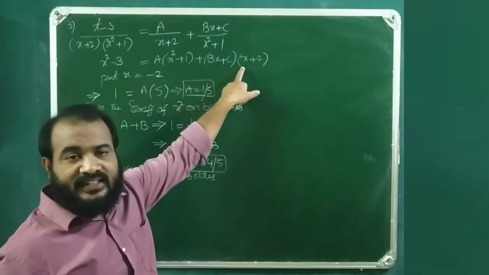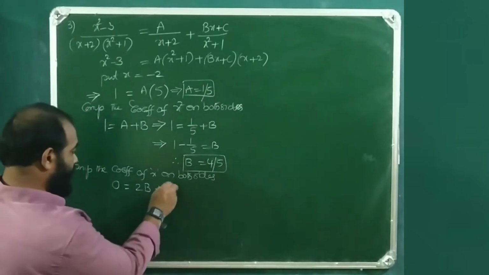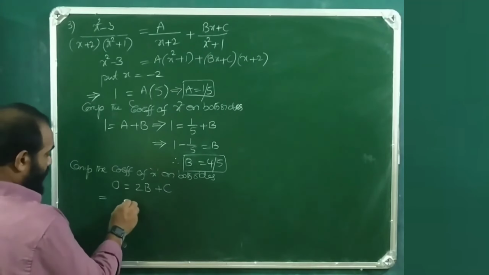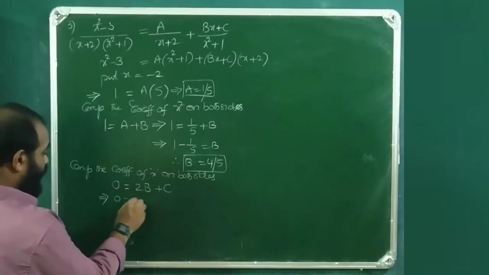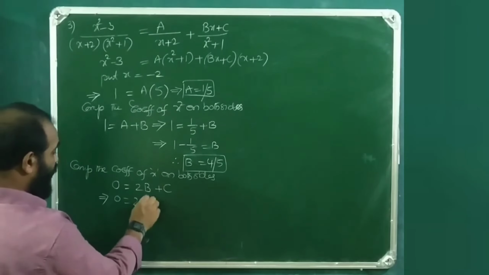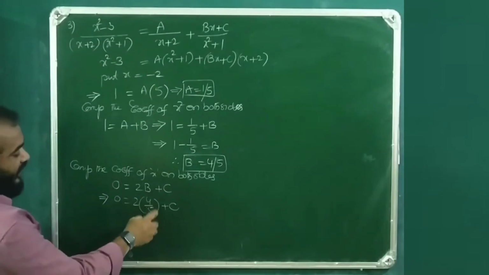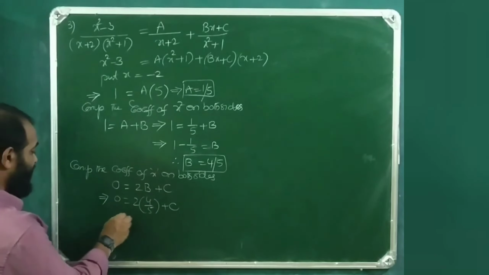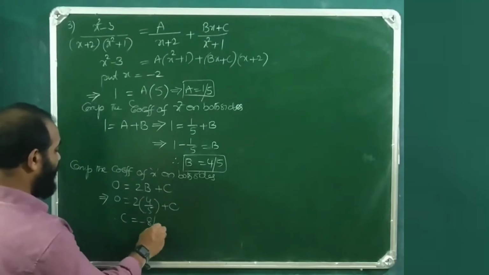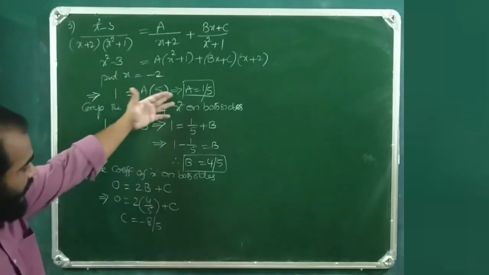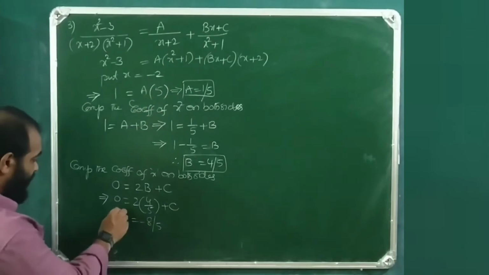C into x is cx, so the x coefficient is c. Now 0 is equal to 2 into b value, which is 4 by 5, plus c. 2 4s are 8, 8 by 5. So c is equal to minus 8 by 5. So we got the values of a, b and c.